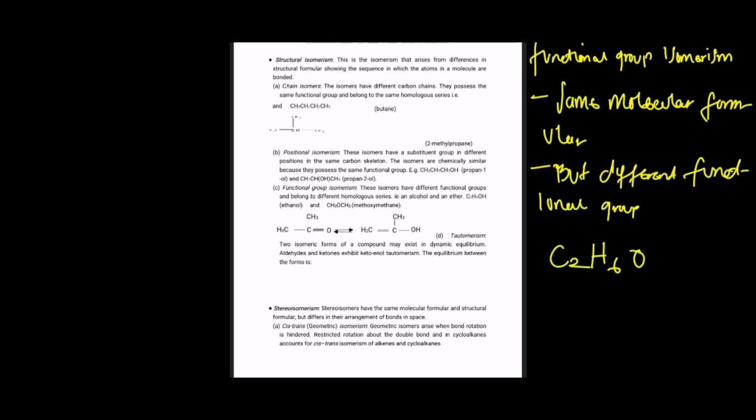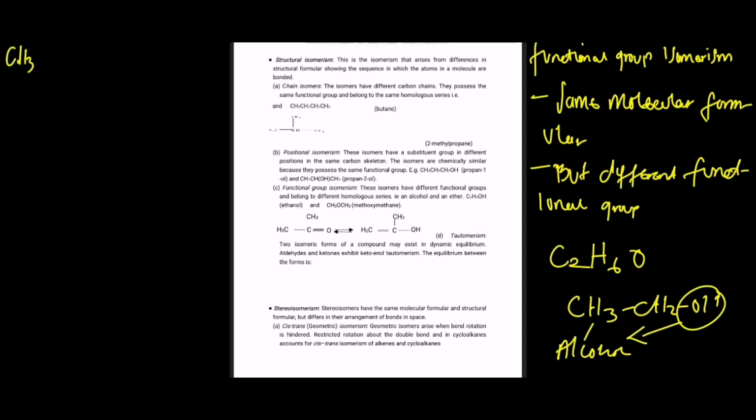From the example on the slide here, CH3CH2OH represents the alcohol because of the OH functional group. Now something like CH3OCH3 represents the ether group.